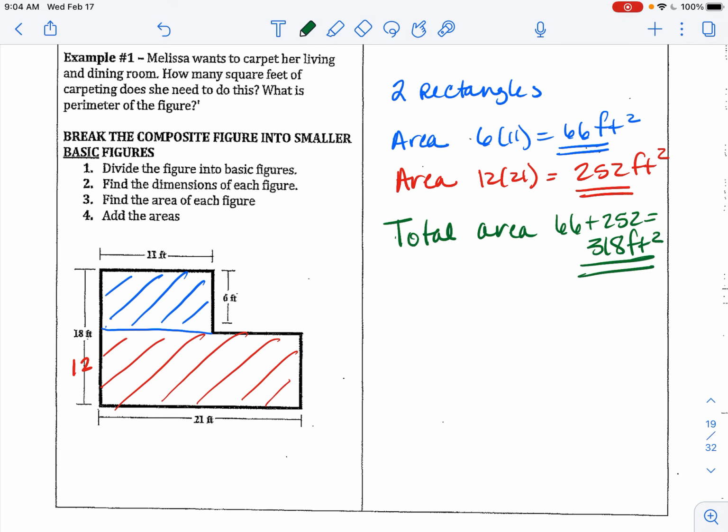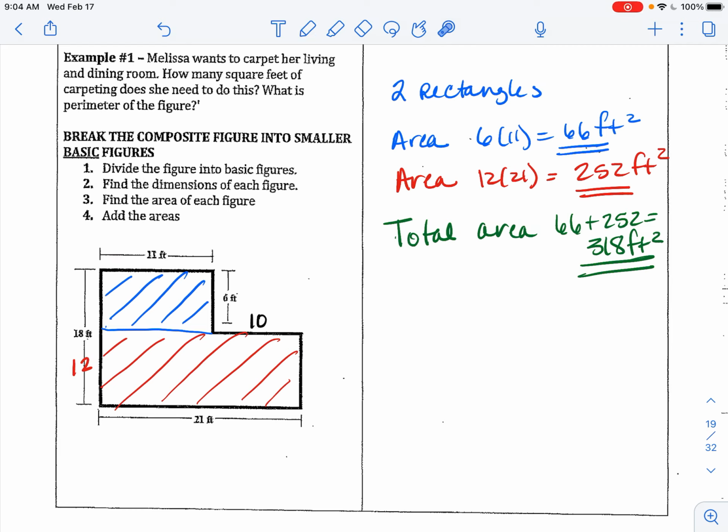If I want to find the perimeter of this shape, I just need to add up all the sides. So we've got to first identify all the sides. Okay, the whole horizontal base is 21. If this is 11 here, that's going to make this piece 10. 21 minus 11 is 10.